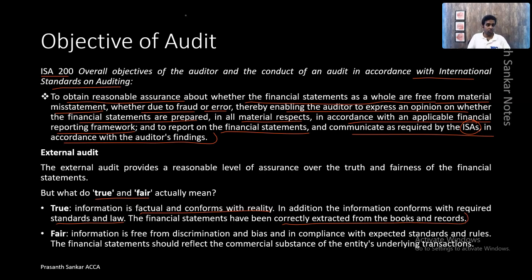That is what true means. In simpler words, true means it has actually occurred. We are not lying. We have evidence to say that it has occurred. If we pay for an expense, we have the invoice to say that it has occurred. We are not showing something which didn't occur at all. That is called true.